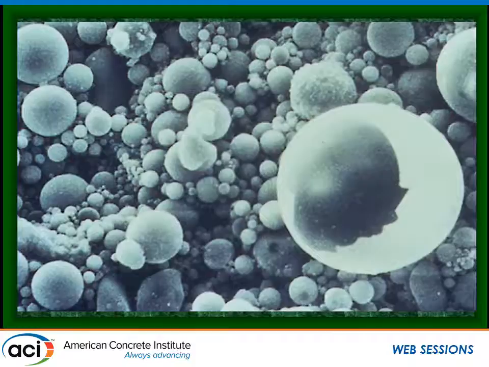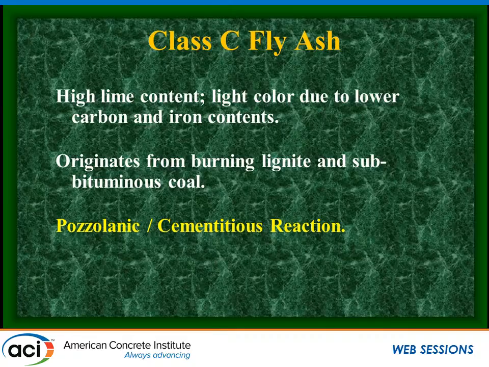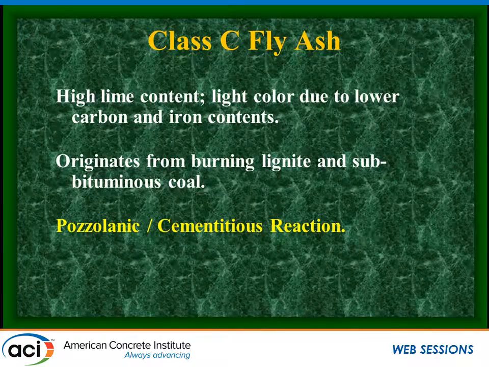The particles are spherical. They can be solid spheres, hollow spheres. We see some hollow spheres with smaller spheres inside of them, and we see some broken up spheres. And this material is divided by ASTM C618 between a Class C ash and a Class F ash.